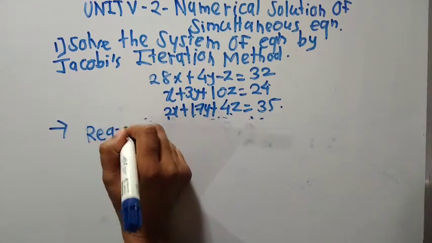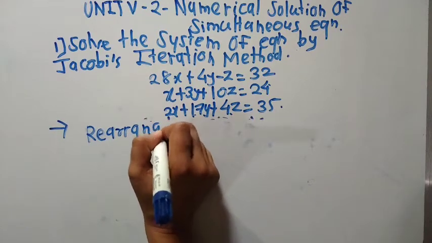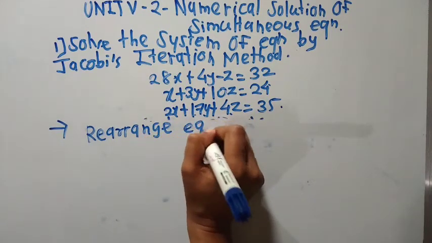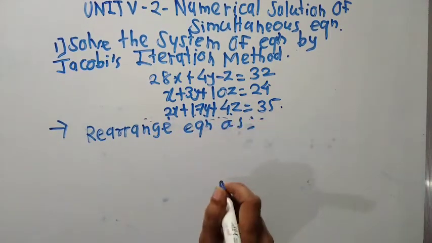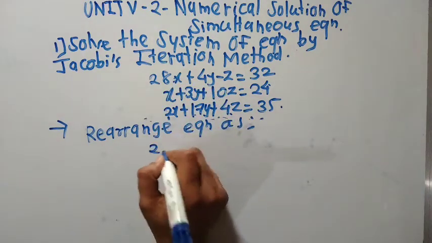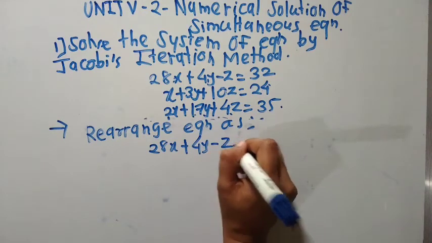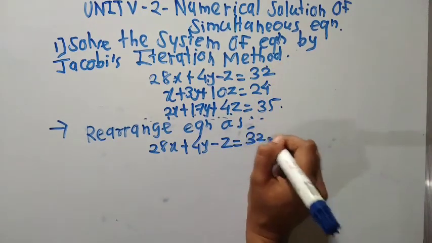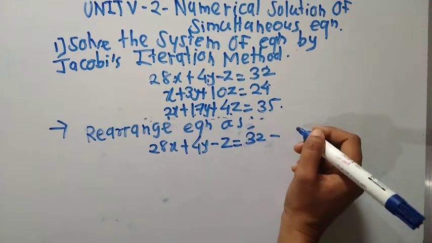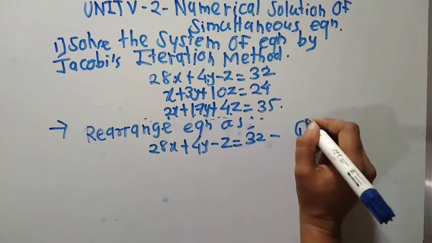Hence rearrange equation as 28x plus 4y minus z is equal to 32. This first equation is the same.